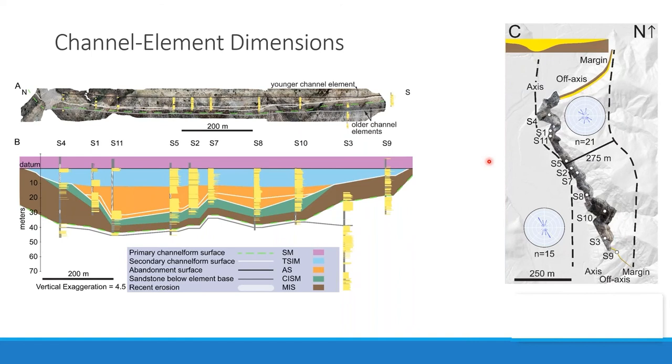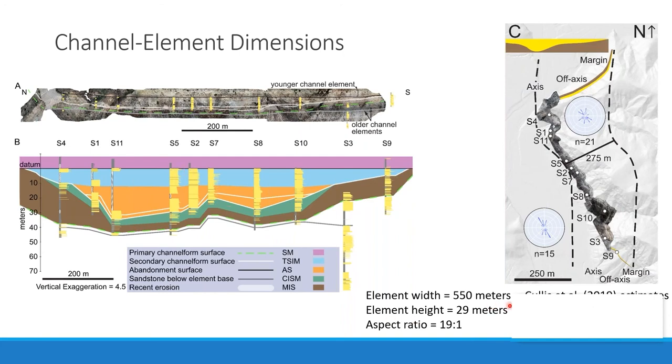So if we multiply that by 2, that gives us a channel element width of 550 meters. And if we use the channel element height of 29 meters, it gives us an aspect ratio of 19:1.